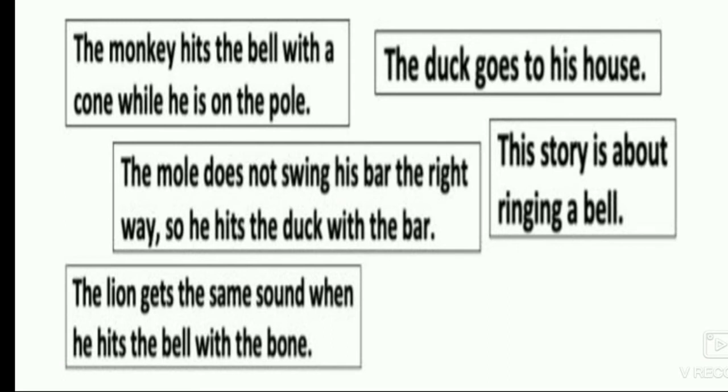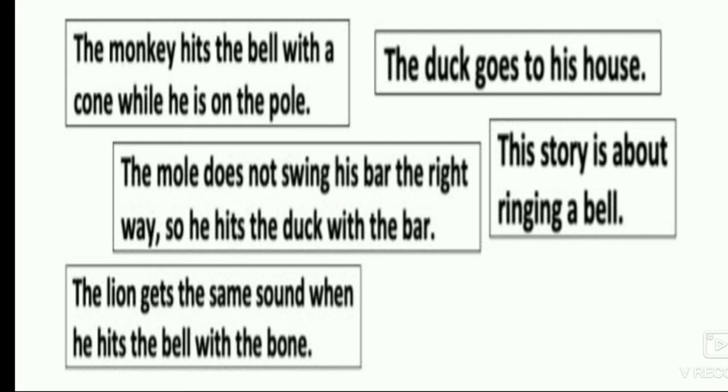Sentence number 3: The mole does not swing his bar the right way, so he hits the duck with the bar. Number 4: This story is about ringing a bell. Sentence number 5: The lion gets the same sound when he hits the bell with the bone. Okay? Those were our 5 sentences.